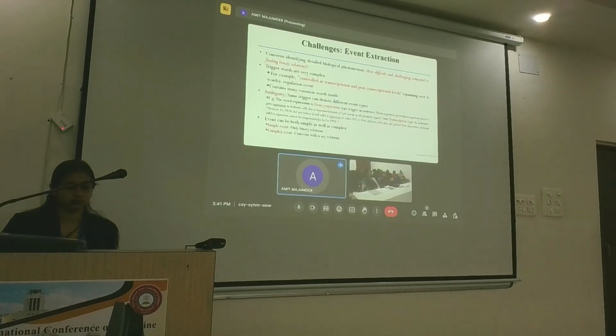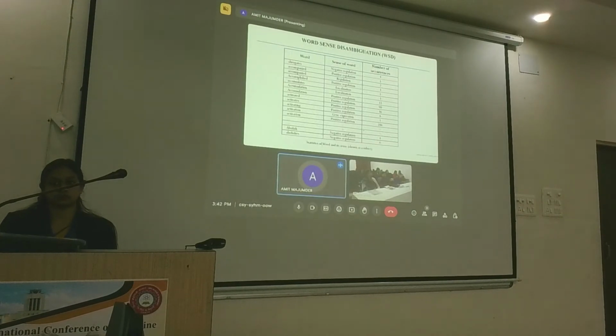Another challenge is ambiguity. The same trigger word can act as a different event type in a different sentence. So for that we can apply word sense disambiguation to solve this problem.